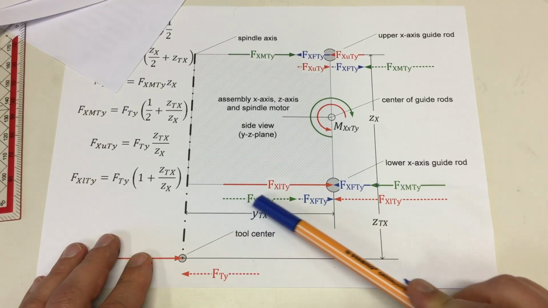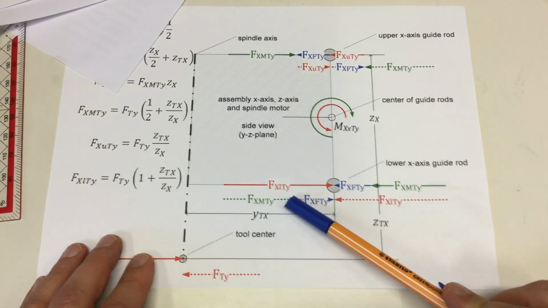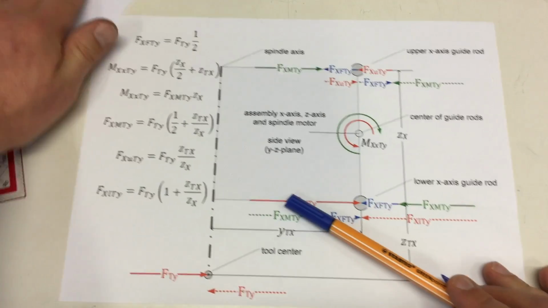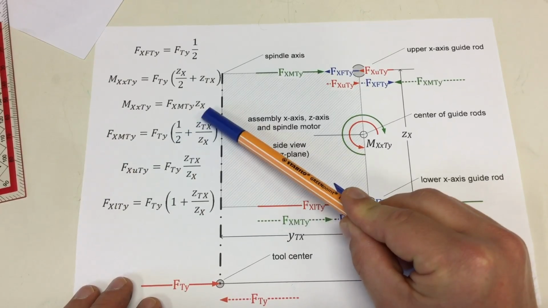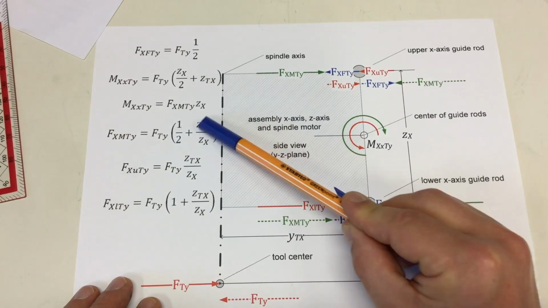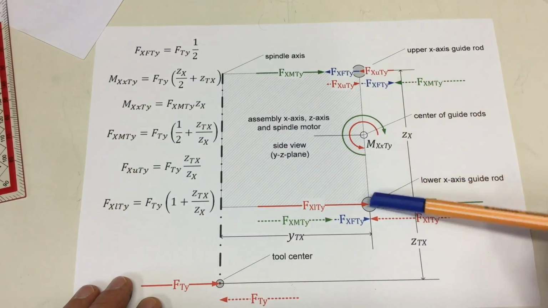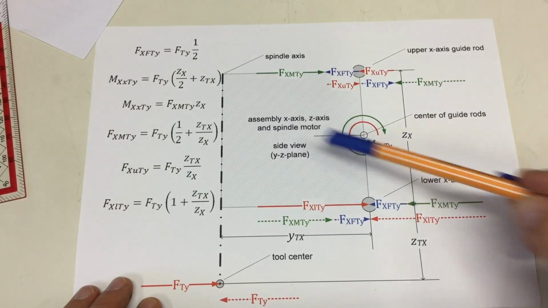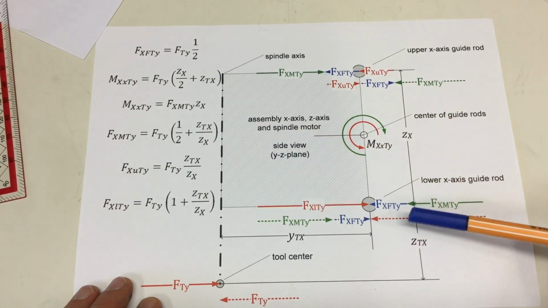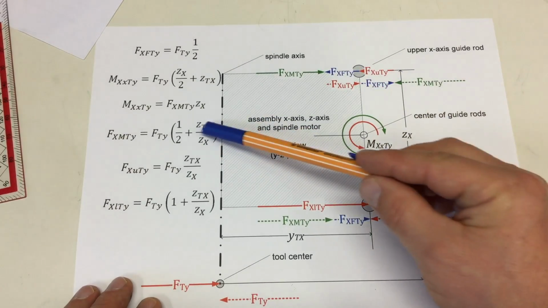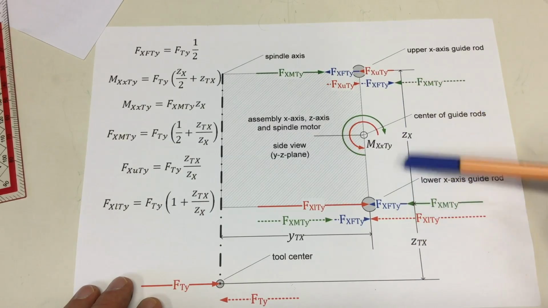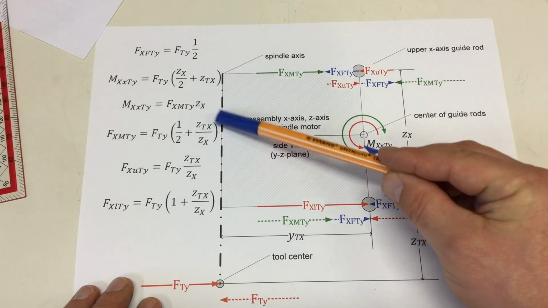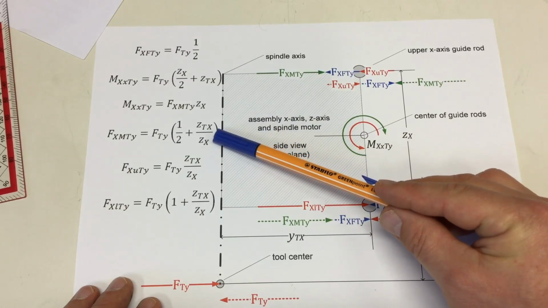We have the force countering the momentum, which is 1/2 plus ZTX, so that length of lever over that length. Yeah, we already calculated that.